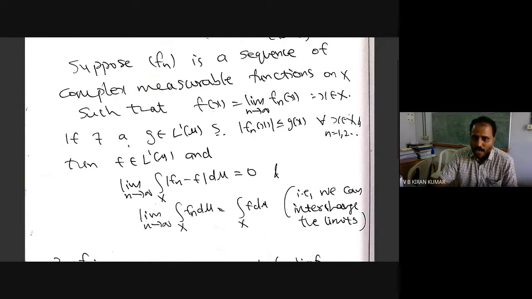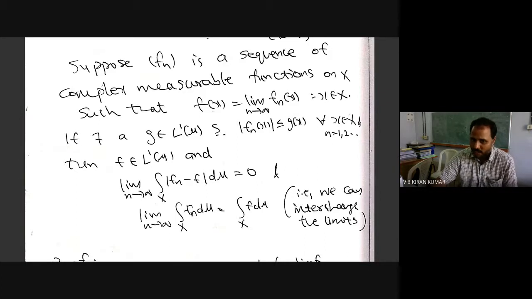So now you have an additional assumption. This is why it is called a dominated convergence theorem, because you demand that this f_n is dominated by some L1 function. So there exists a g in L1(mu) such that the absolute value of f_n is bounded by g. Now our conclusions: f is in L1(mu), and the limit as n tends to infinity of the integral of the absolute value of f_n minus f goes to 0.